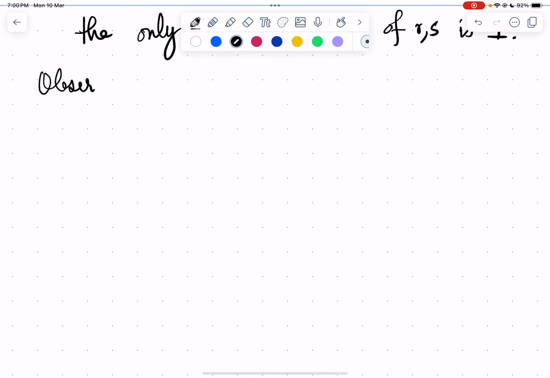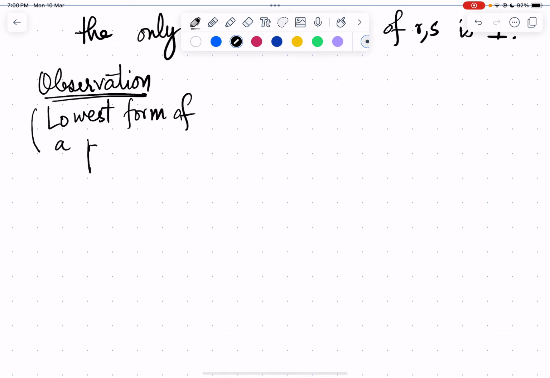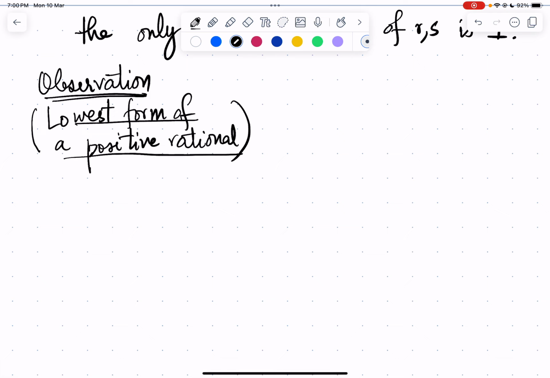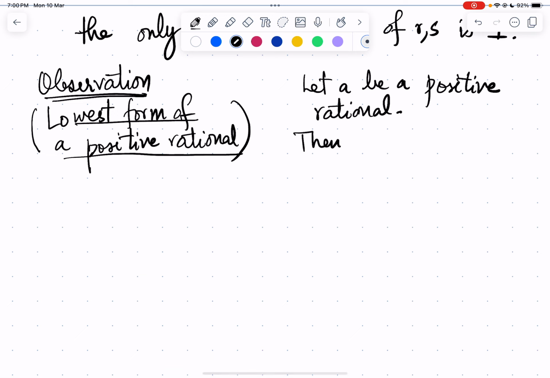Observation. Lowest form of a positive rational. Let A be a positive rational.